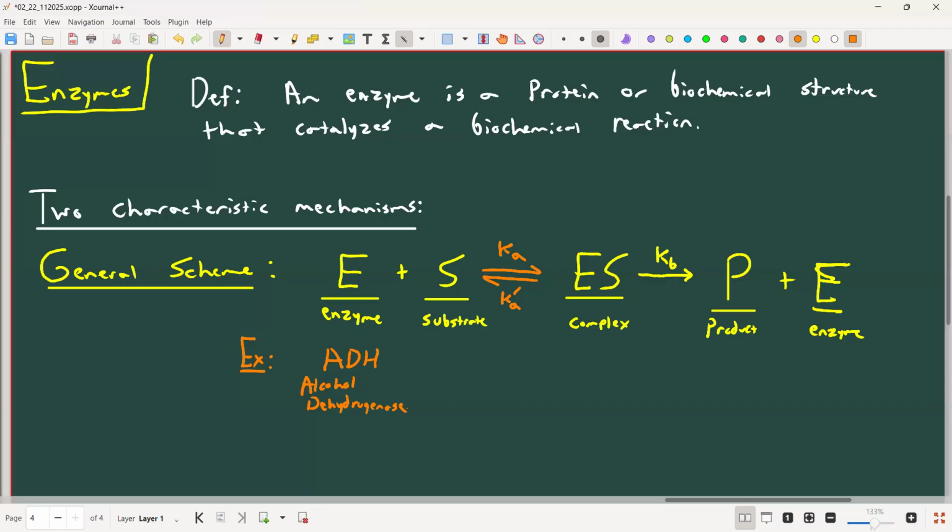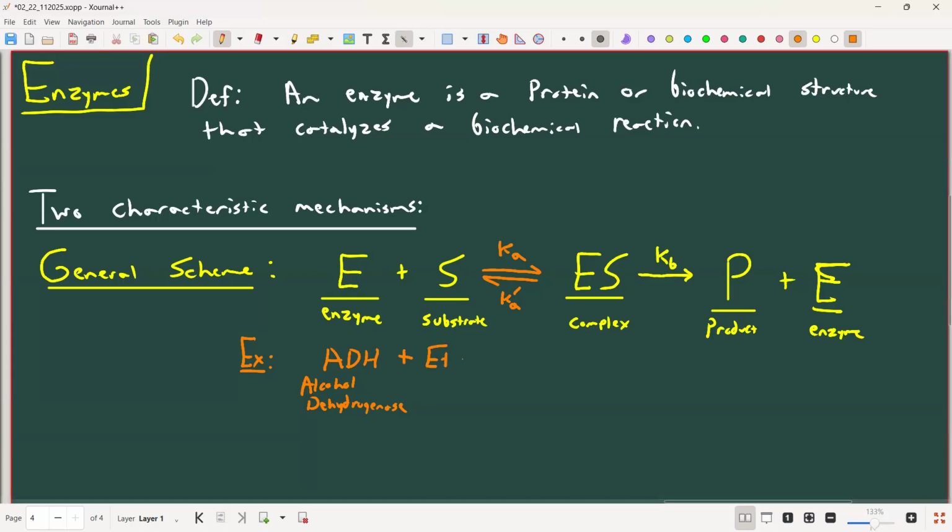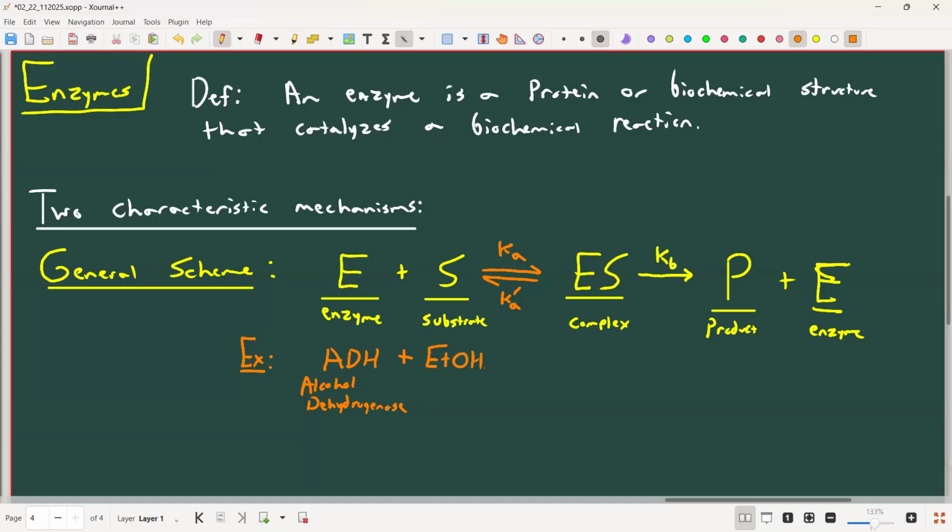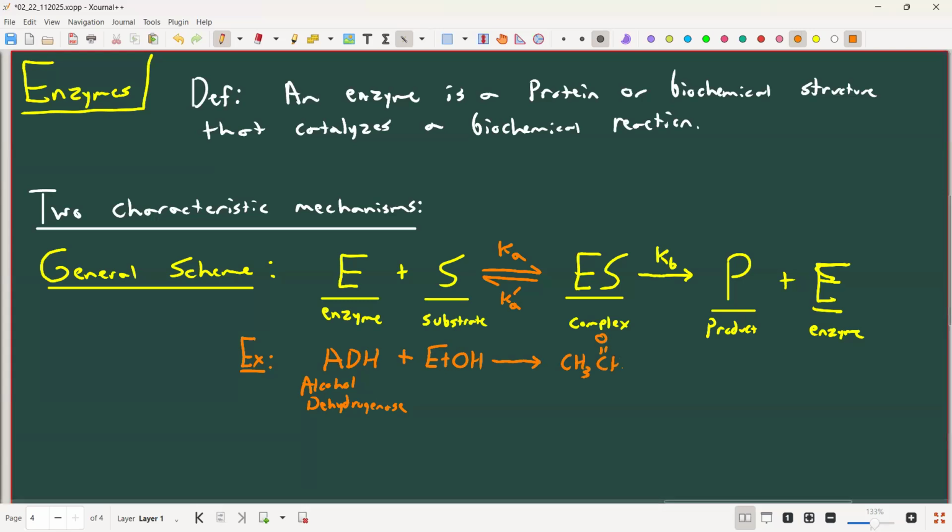It's an enzyme in your body. I'll pull up a picture of it in a second. And what does alcohol dehydrogenase do? Well, it takes ethanol and spits out, well, actually it does spit out water, but in particular, it spits out acetaldehyde, plus ADH.